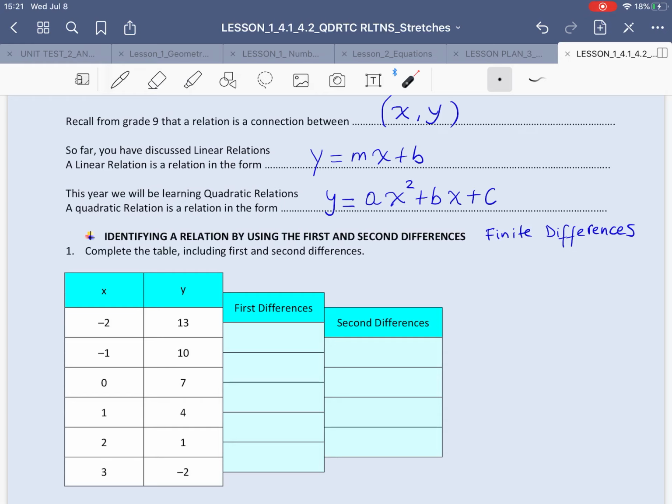What we're going to do is find the first differences. If you remember from grade 9, we found the first differences in linear relations, and we noticed that the first differences were constant. If you don't remember that, don't worry about it. Now, how do we find the differences?